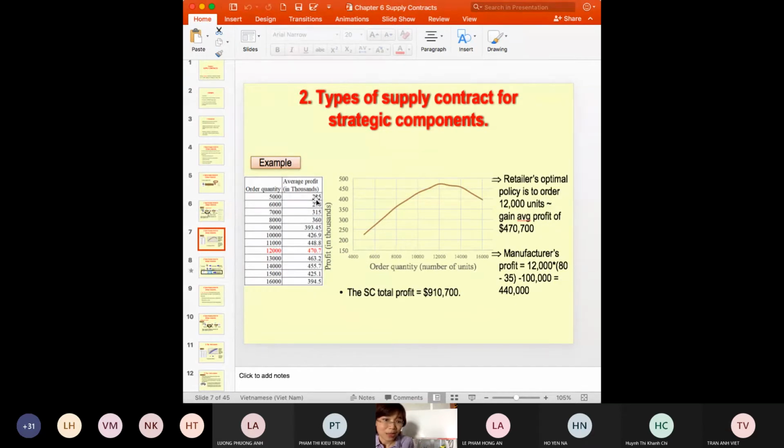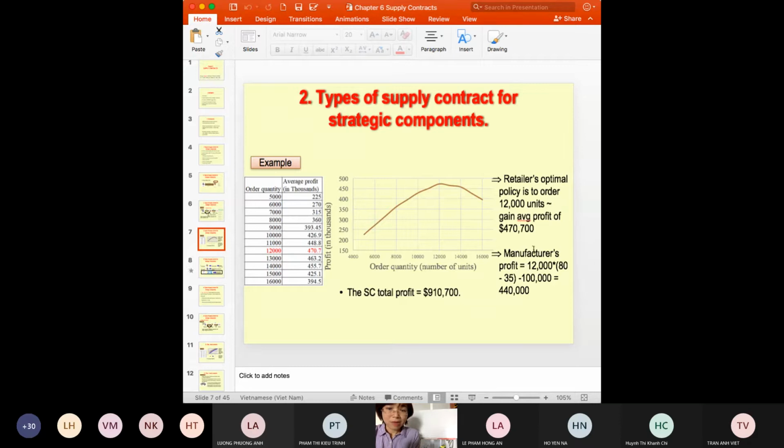They consider all the order quantities to see which is the optimal order quantity to order from the manufacturer. Here you can see that it is 12,000. With 12,000, they can get the maximum profit, 470.